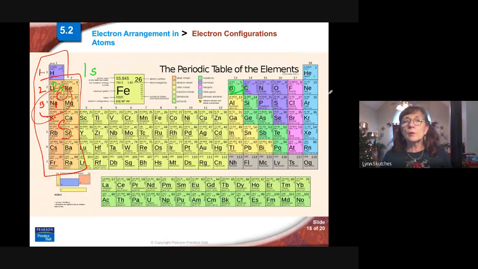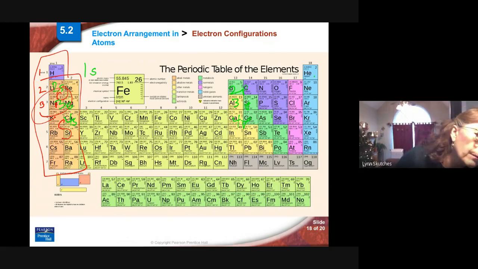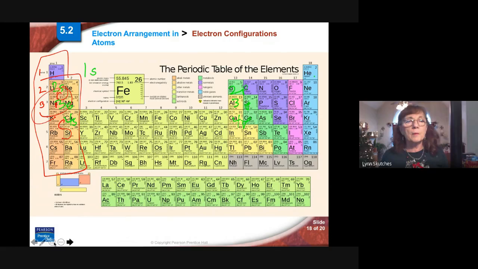The last electron goes in those. 3s's, 3p's. 4s's, 4p's.